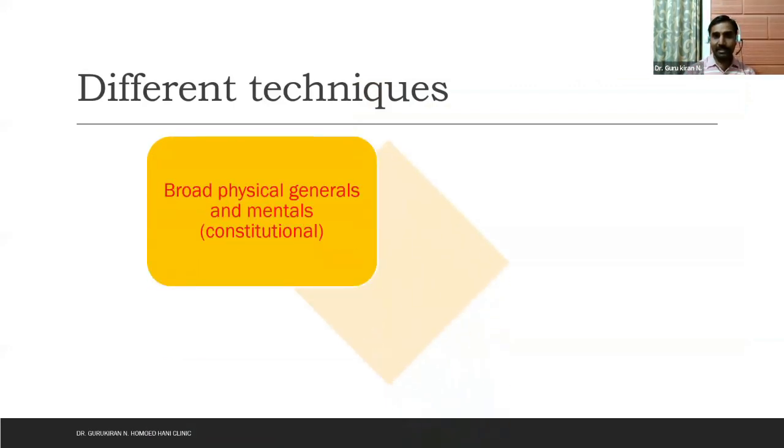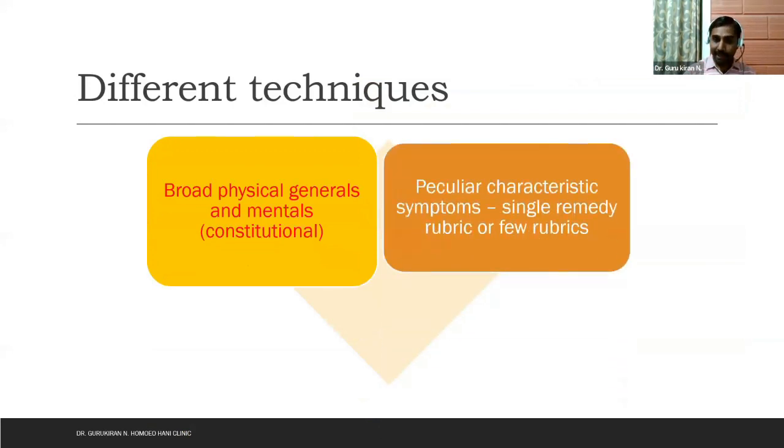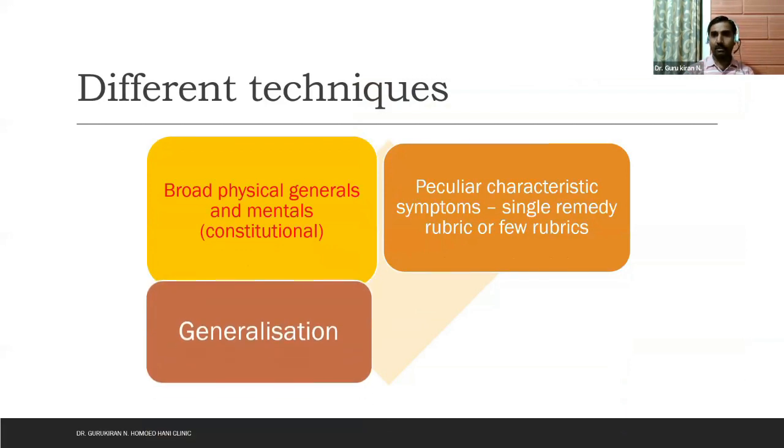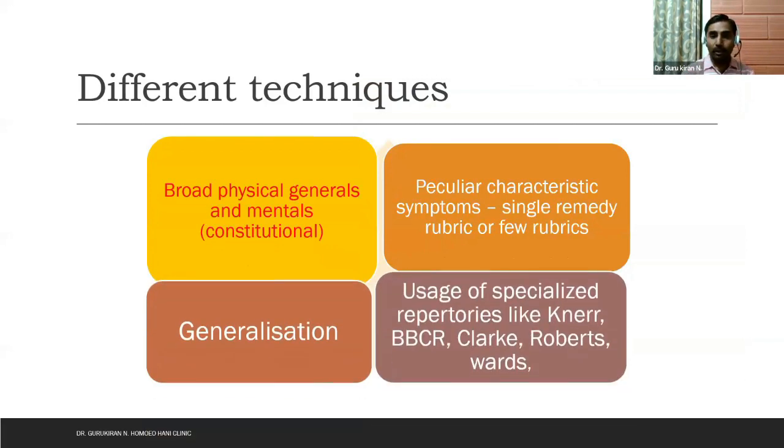The broad physical generals and mentals, that is constitutional, peculiar characteristic symptoms, single remedy rubrics or few rubrics, generalization, and usage of specialized repertories like nerve repertories, BBCR, Boger-Bonninghausen, Clark, Roberts, Watts, special repertory, fever repertory, etc. So we should all know these kinds of techniques.